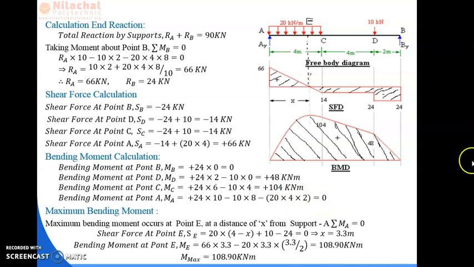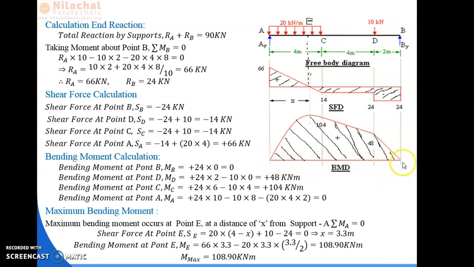So in this way you are getting the values at B and A. First of all, draw the baseline, and draw the projection points for A point, C point, D point and B point. Now at these points we have to calculate the bending moment diagram.